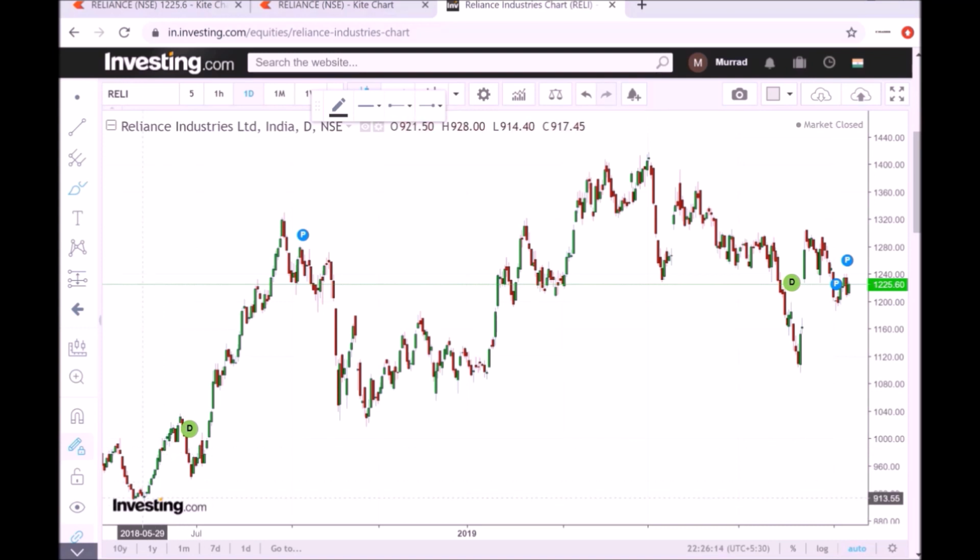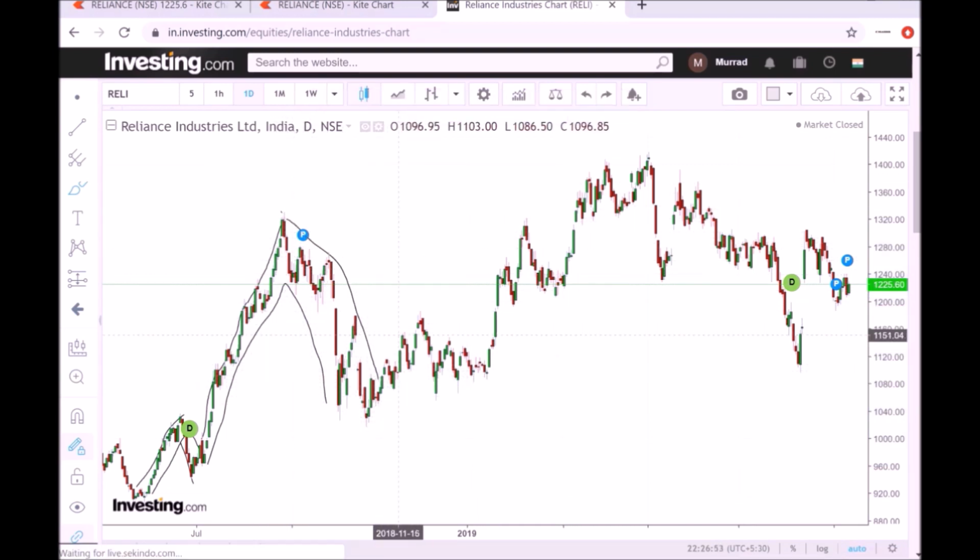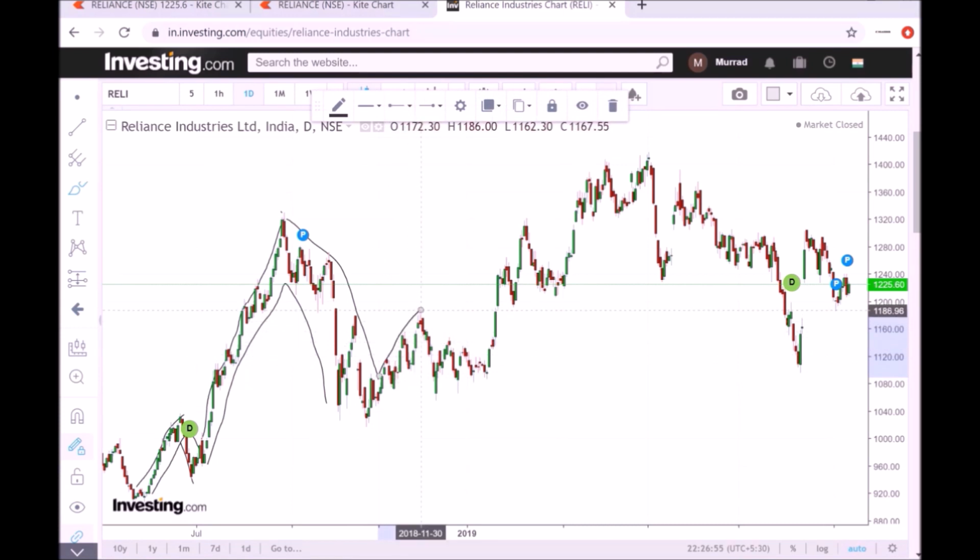If we have to see the trend again, here was an uptrend, then there was a downtrend, then there was an uptrend again, then a downtrend, uptrend, downtrend.